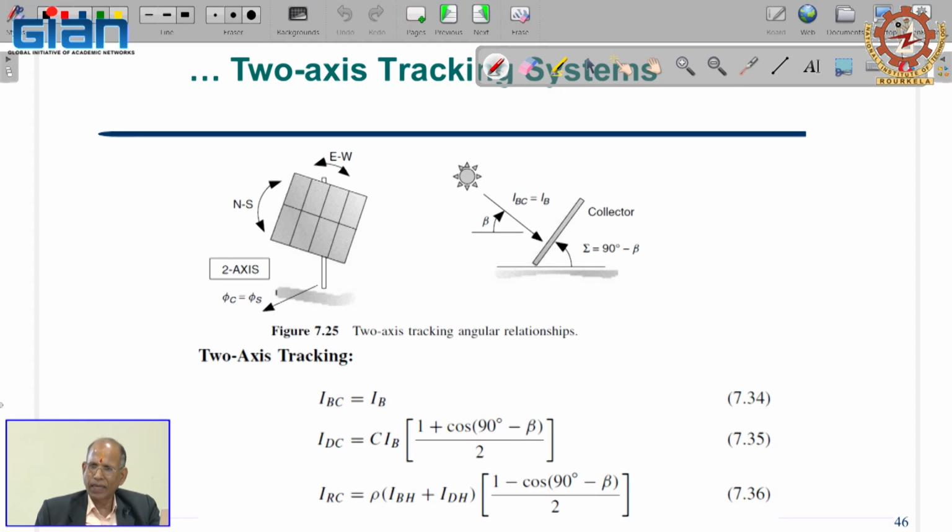For the single axis, you will have different equations. How these equations for the two axes are modified is given here. So you can see that this is a two axis tracking system. Angular relations are given.